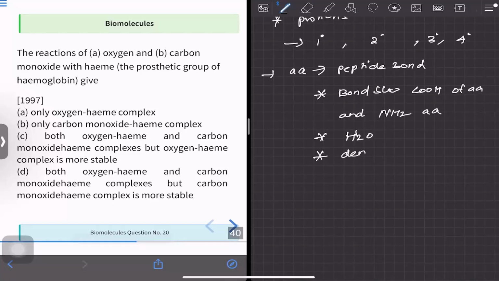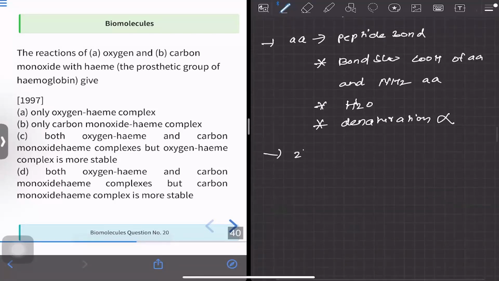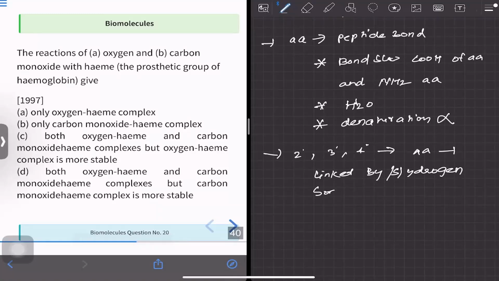It cannot be distorted by heat. So the peptide bond is a strong bond which cannot be distorted by heat. Next, in secondary, tertiary, and quaternary structures, amino acids are linked by hydrogen bonds, which are very fragile.